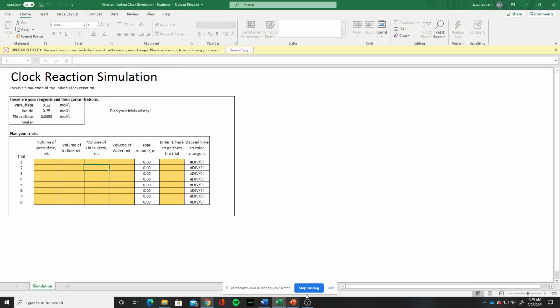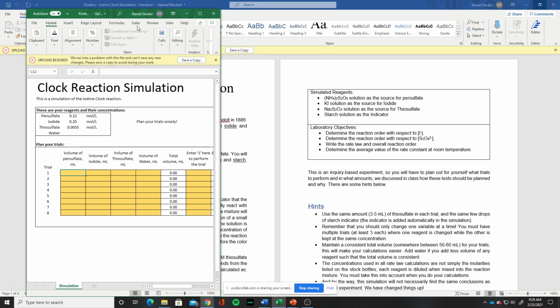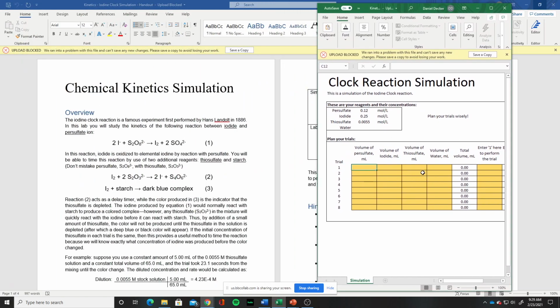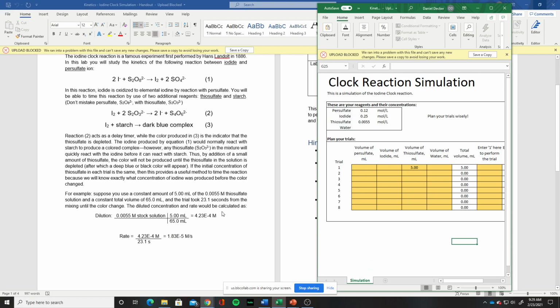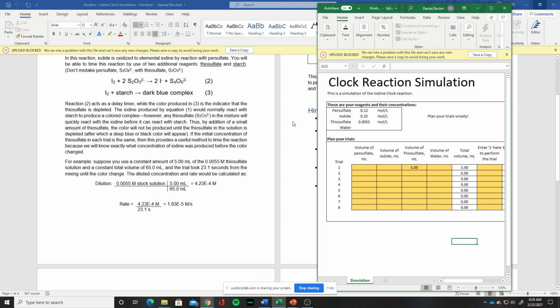Okay, so just real briefly here, just to show you how this Excel sheet should work. Let's see, what were the suggested volumes? I forget. I know it said 3 to 5 for the thiosulfate. I'll just go ahead and do 5 for that. Let's see, what were the other suggested volumes?